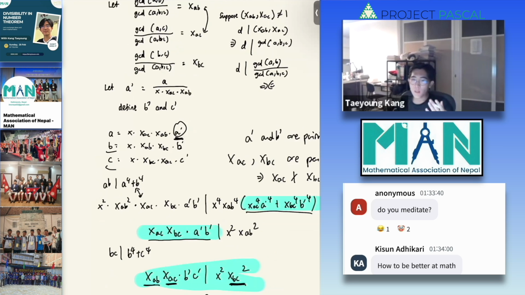If you wanna be able to develop motivation, I would suggest that after we finish the session, you give yourself 15 to 20 minutes. Just think to yourself, how did Taeyoung, or whoever solved this problem, think of the solution? What part of the question made him go down this path? And what motivations were wrong?